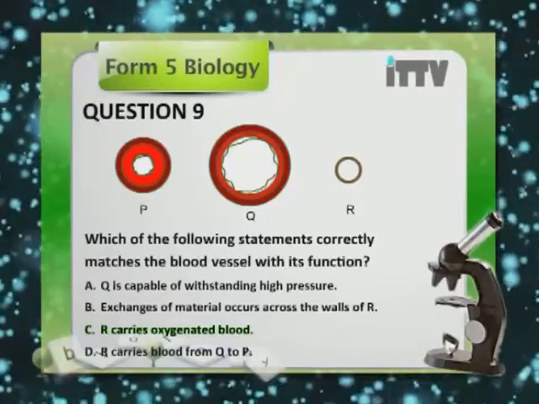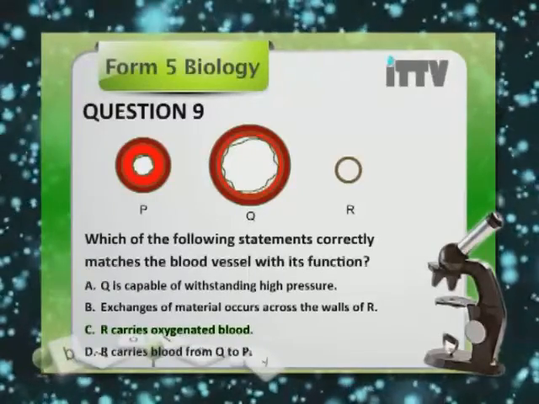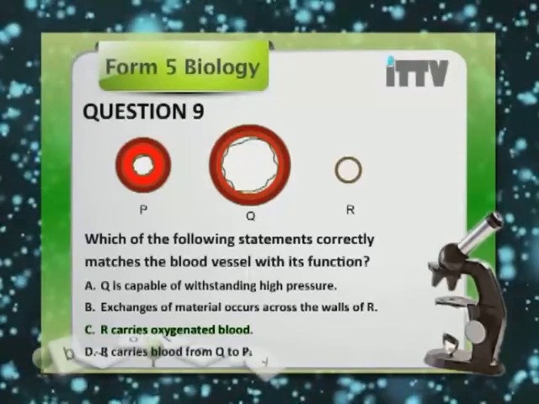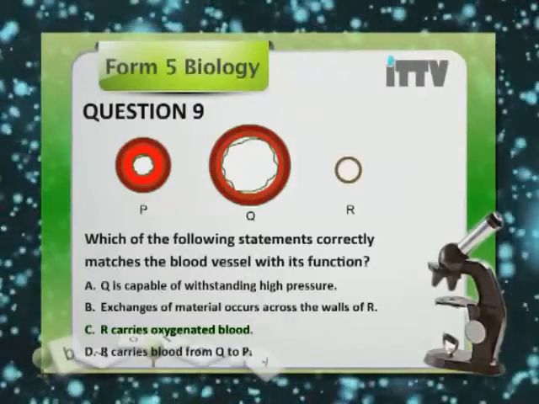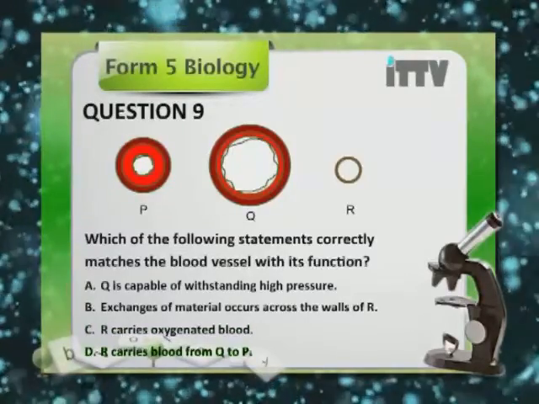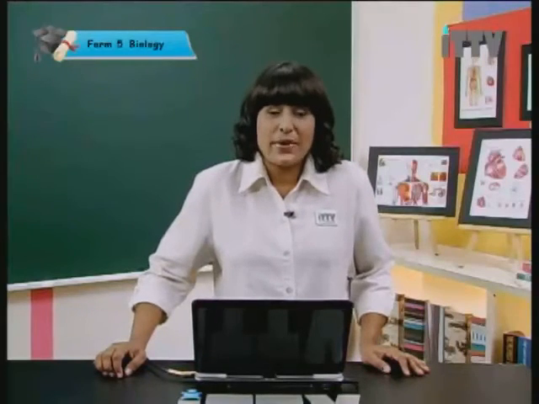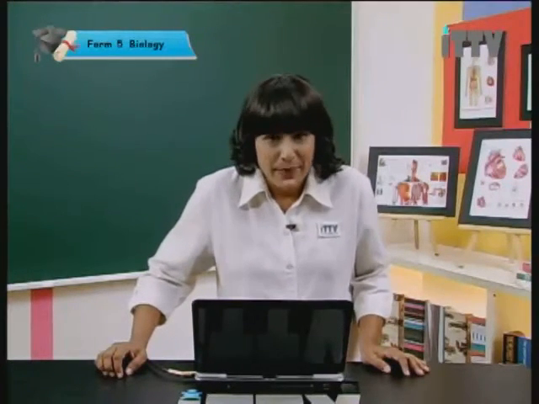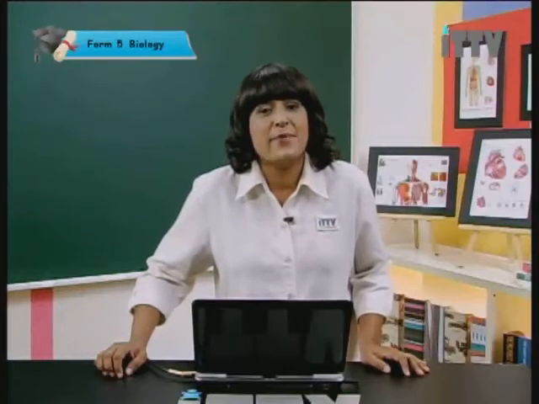One must understand that R not only carries oxygenated blood but also deoxygenated blood because it is a site of exchange. D. R carries blood from Q to P. This is unlikely because R carries blood from P to Q. The blood flows from the artery to the arterioles to the capillaries to the venules and back to the vein and back to the heart.